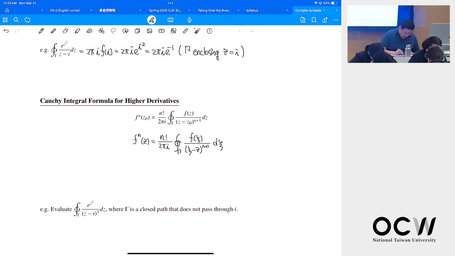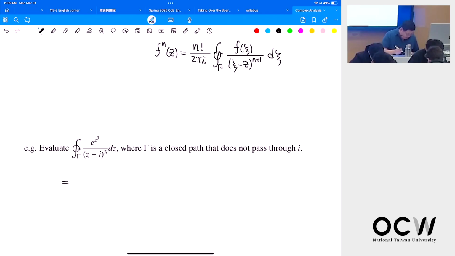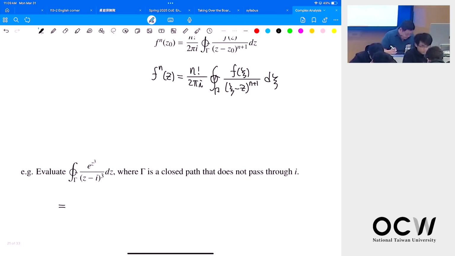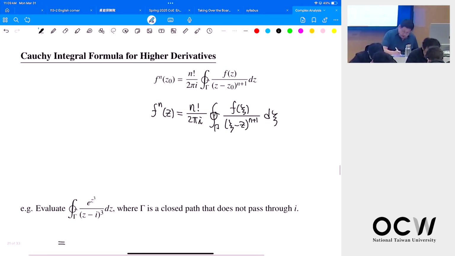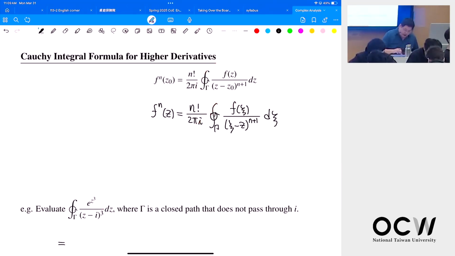Then you have the integration, so we have 2 pi i times the nth derivative.